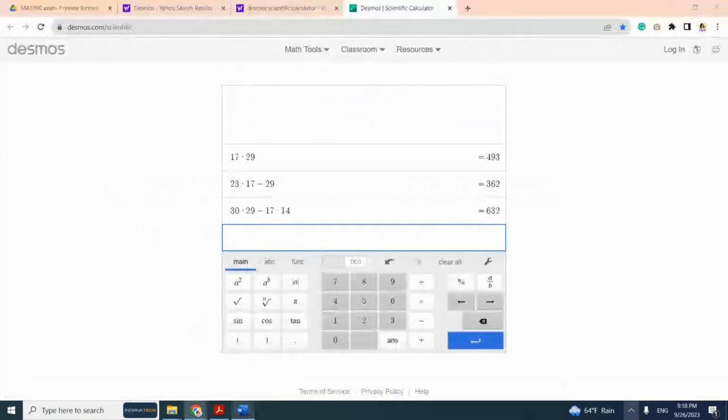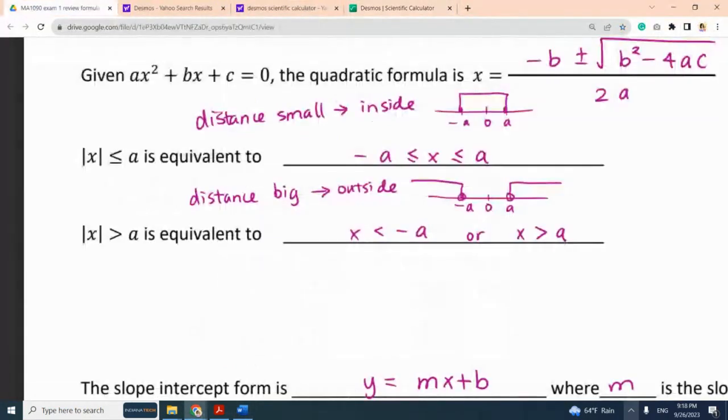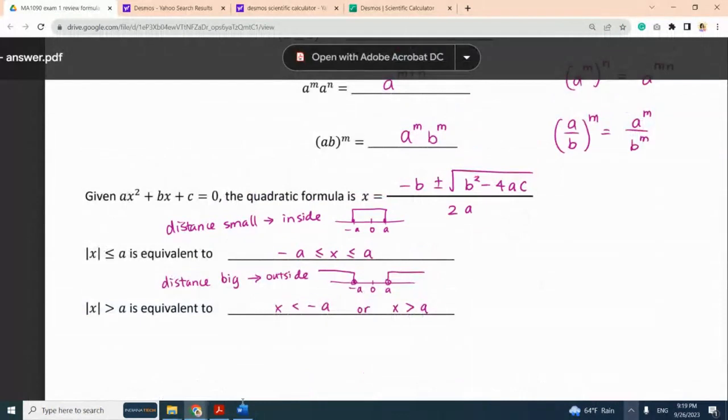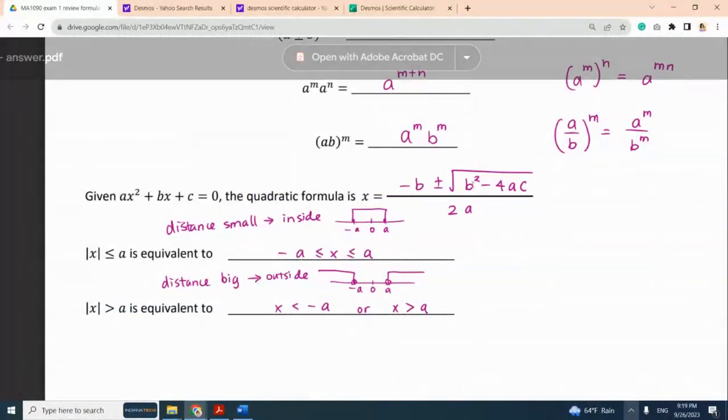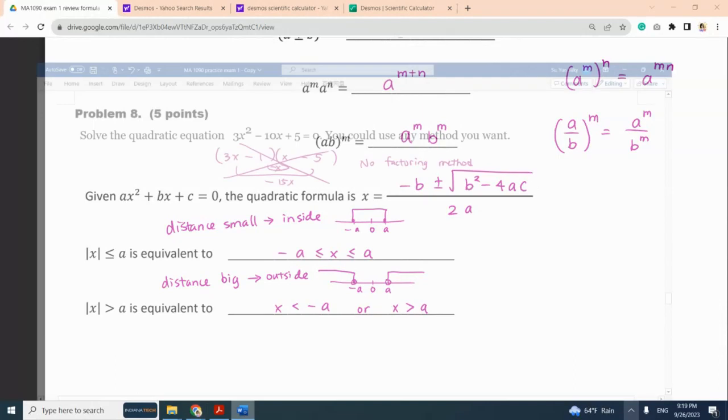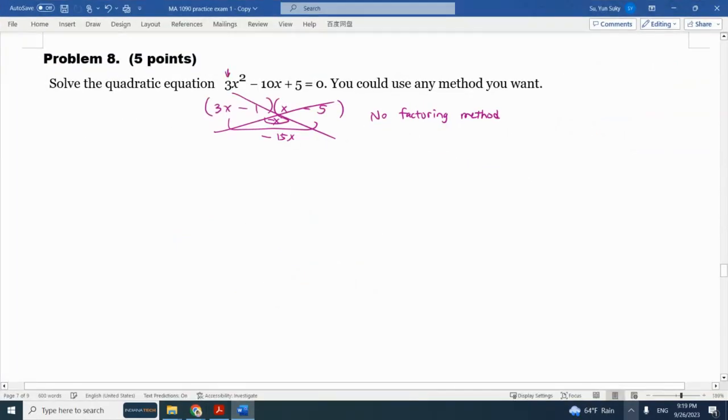Use the quadratic formula. What's the quadratic formula? x is negative b plus or minus square root of b squared minus 4ac over 2a. Okay, so use this. a is 3, b is minus 10, c is 5.